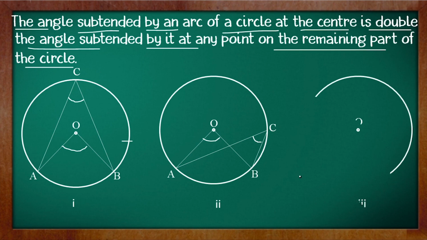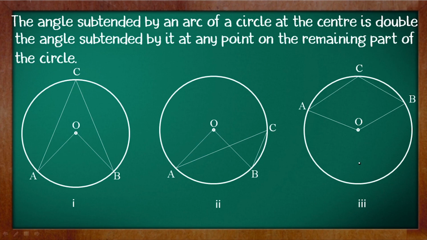Now again, if we choose the arc AB as the major arc and the point C somewhere here and make the angle at the circumference, this is the third diagram that we get. So there will be three different cases here.